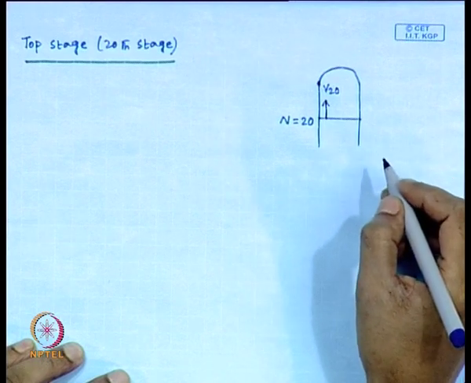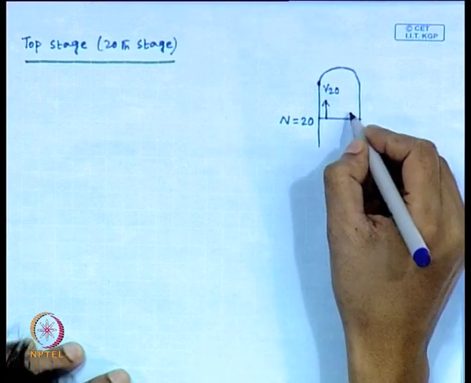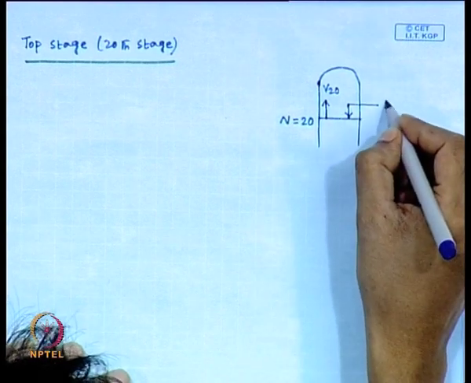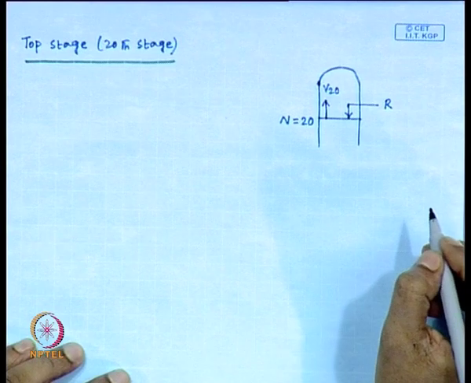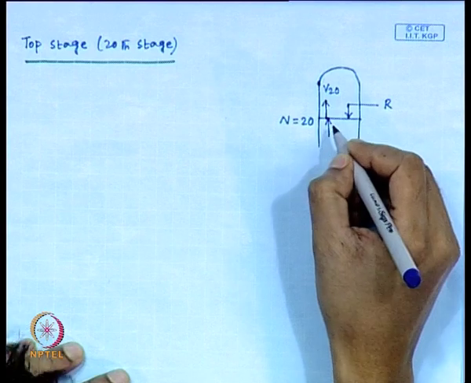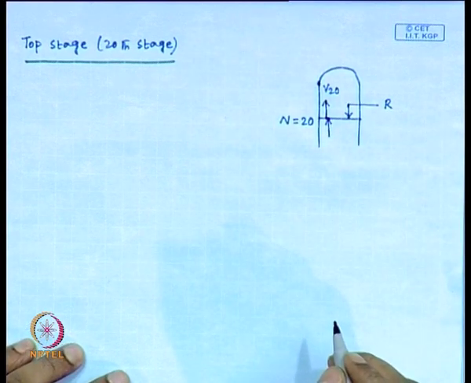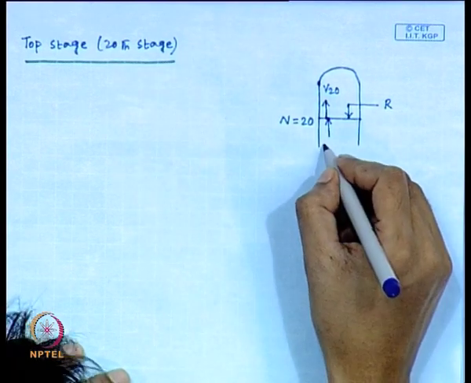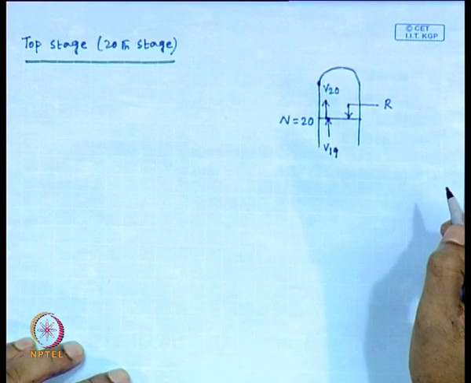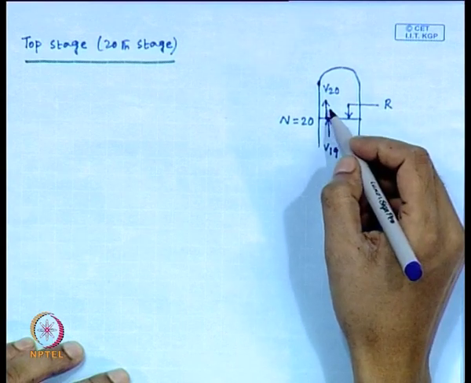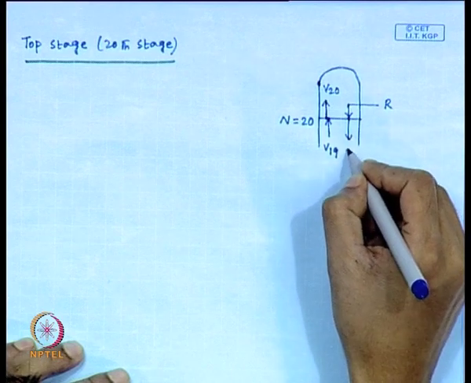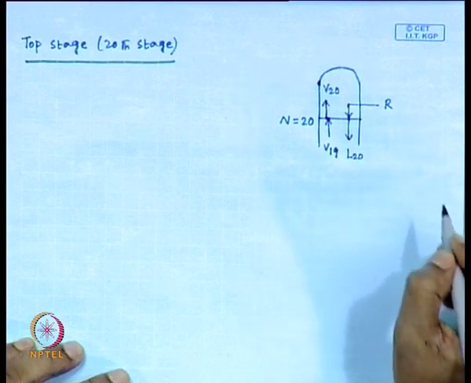What is the incoming stream to this stage? One is reflux R and another one is the vapor stream coming from the 19th stage, that means V19. Outgoing streams, one we have already drawn, that is V20, another one will be L20.